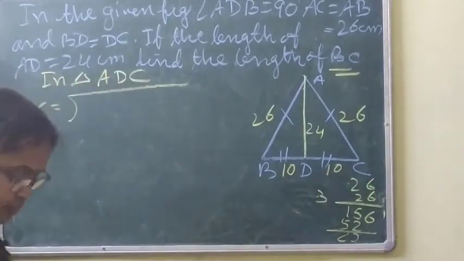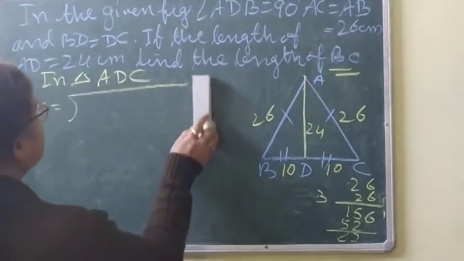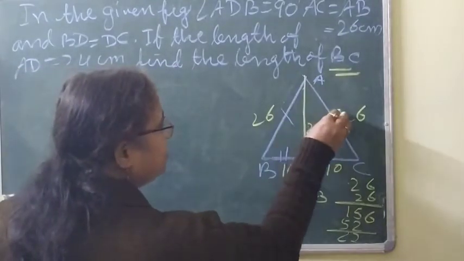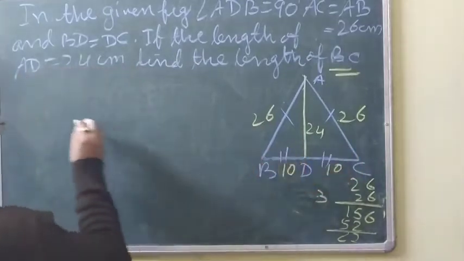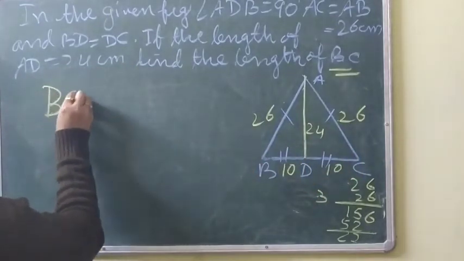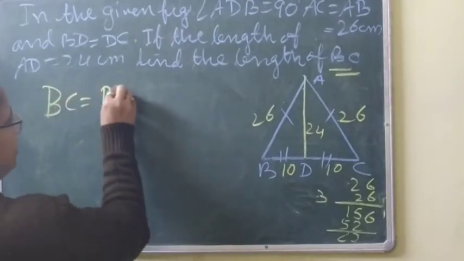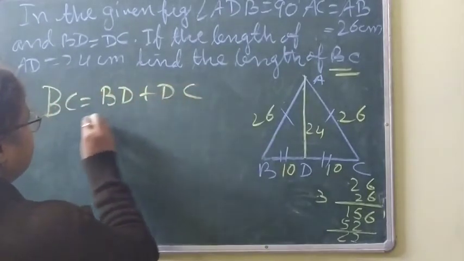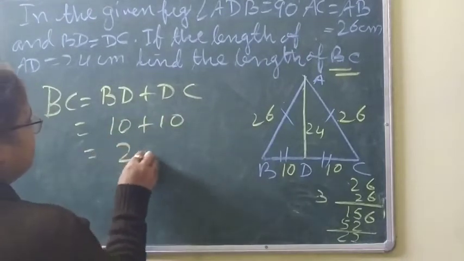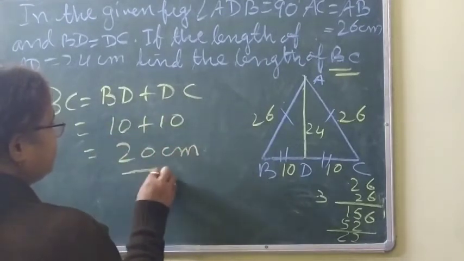Because 24, this line is common for both, and here these two lines are the same length. So we can write that BC is equal to BD plus DC. BD is 10 plus 10, and this is equal to 20 centimeter. Answer.